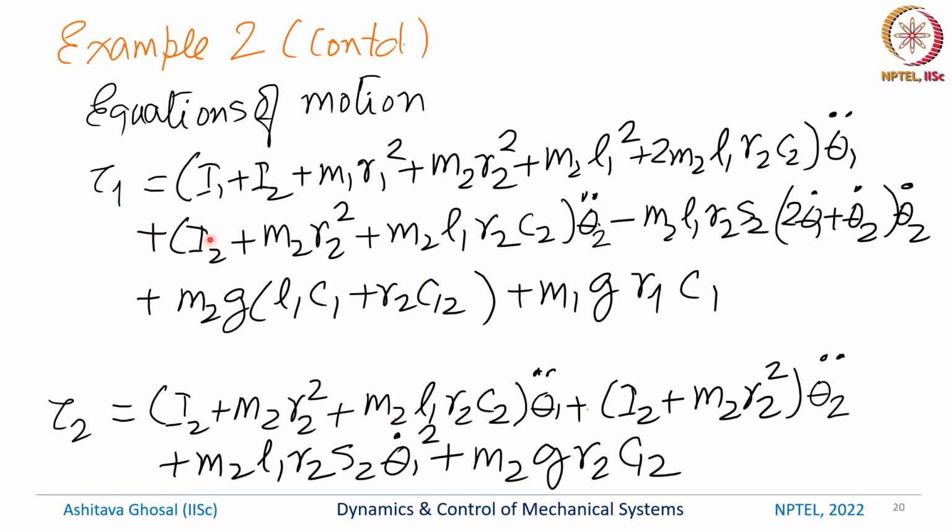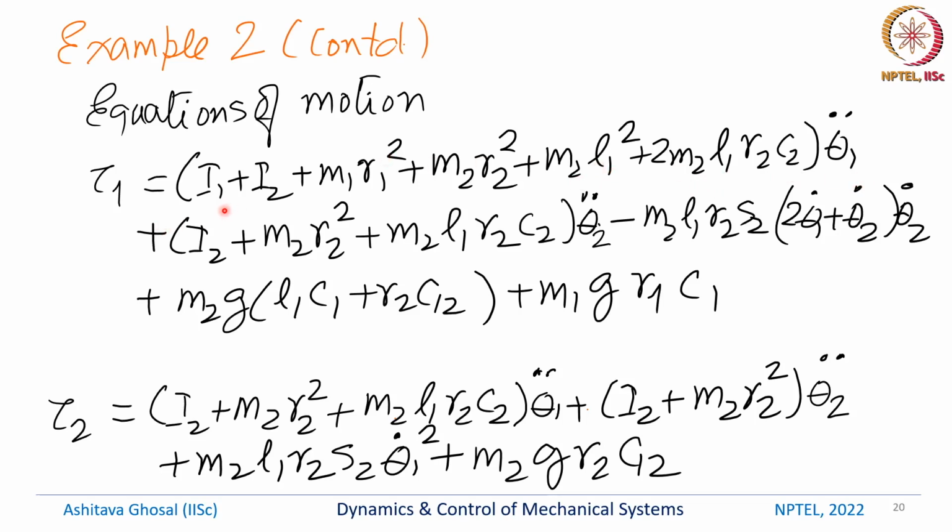Let's go over it term by term. Tau 1 is the torque which is acting on link 1, and it is given in terms of I1, I2, m1 r1 square, m2 r2 square, and then two other terms which are m2 L1 square plus 2 m2 L1 R2 C2 into theta 1 double dot.